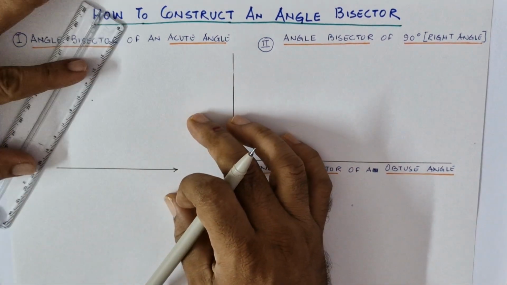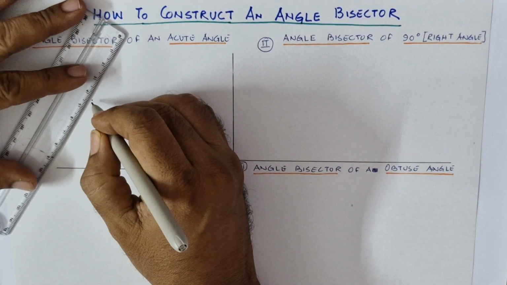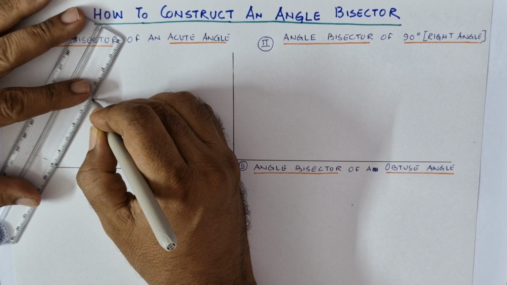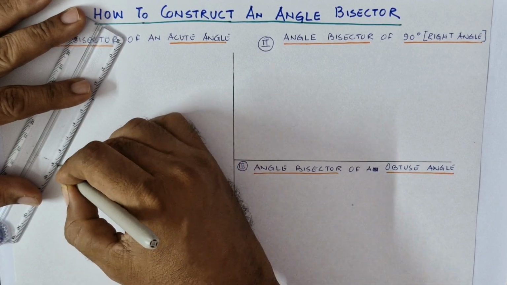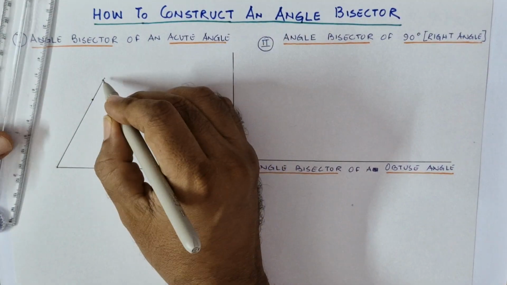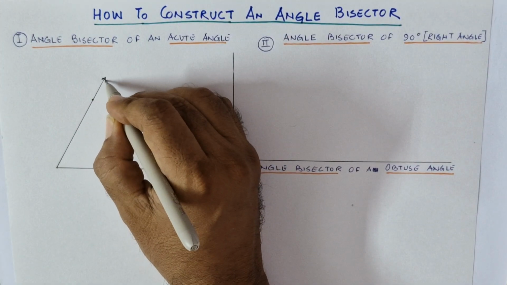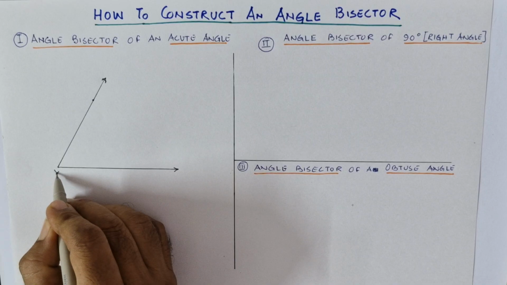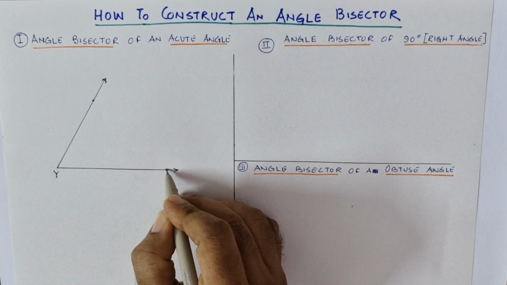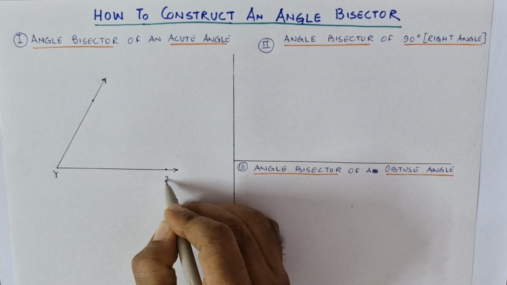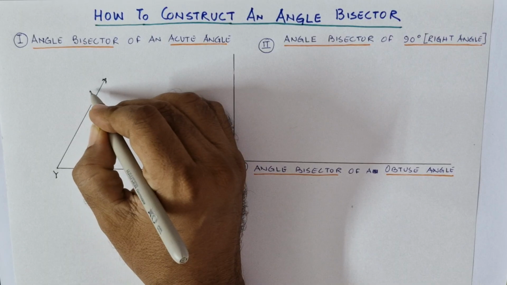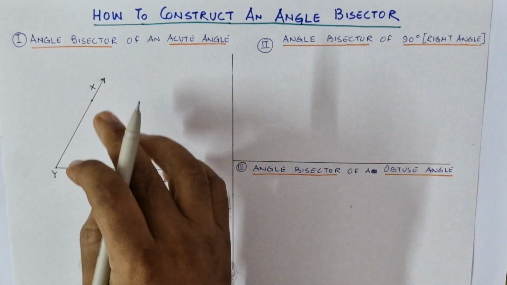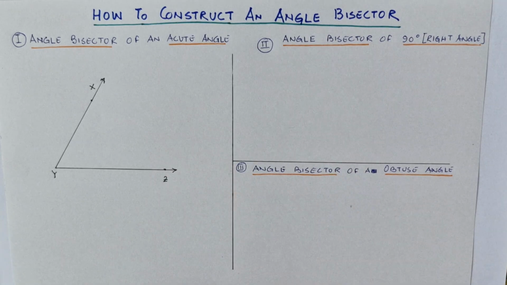So we'll join this one and this one. So let's say we'll name the vertex as Y, this one as Z, and this one as X. So this is an acute angle.